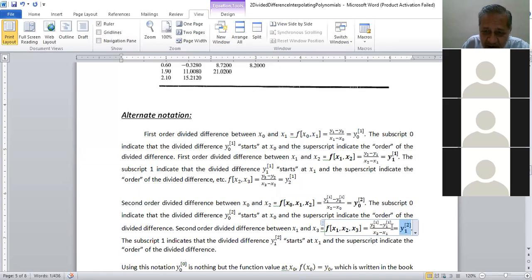And second order divided difference means in the numerator we will have two first order divided differences. Note के यहाँ पे जो दो फर्स्ट ऑर्डर डिवाइडेड डिफरेंस लिए गए हैं, एक सेकंड से शुरू हो रहा है, एक फर्स्ट से शुरू हो रहा है. यहाँ पे जो लिए गए थे, एक फर्स्ट से शुरू हो रहा था और एक जीरो से शुरू होता है, यानी ये x1 से शुरू हो रहा है, ये x0 से शुरू हो रहा है, और इनकी वैल्यूज एक ये है और एक ये.